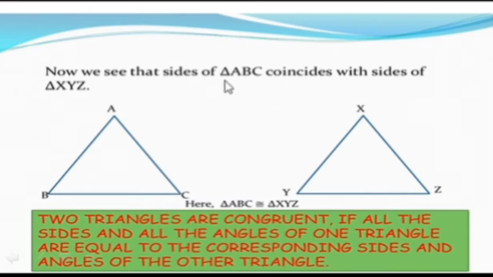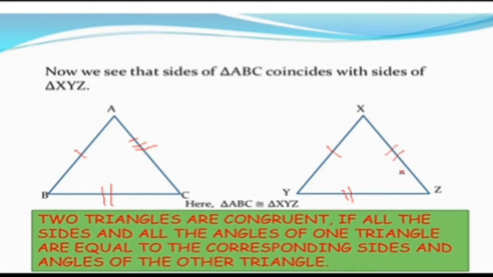Now we see that the sides of triangle ABC coincide with the sides of triangle XYZ. That means, as we learned in the previous slide, angle A equals angle X, angle B equals angle Y, angle C equals angle Z, as well as side AB equals side XY, side BC equals side YZ, and AC equals XZ.